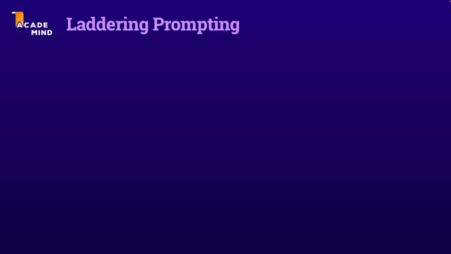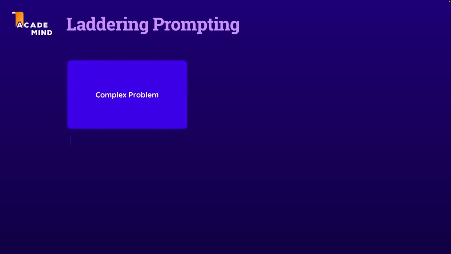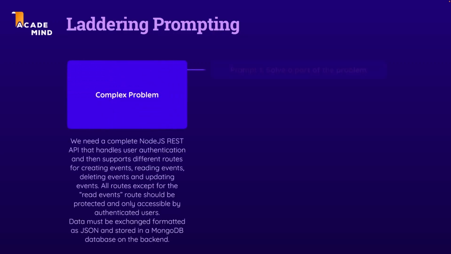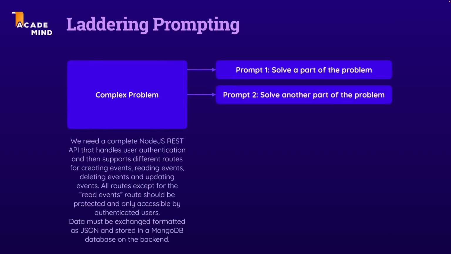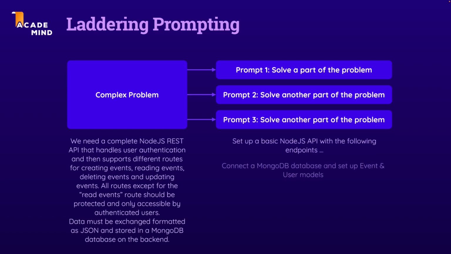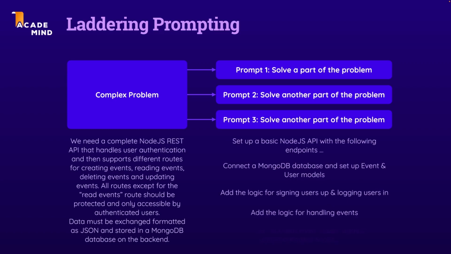So in the end, as a developer, it's all about using ChatGPT with this laddering technique where you break a complex problem, an application or multiple features, up into multiple smaller problems, into smaller prompts to get these individual building blocks, which you then can combine.